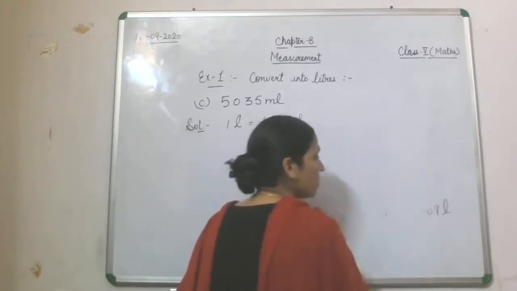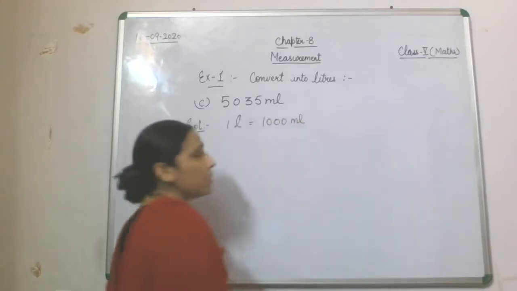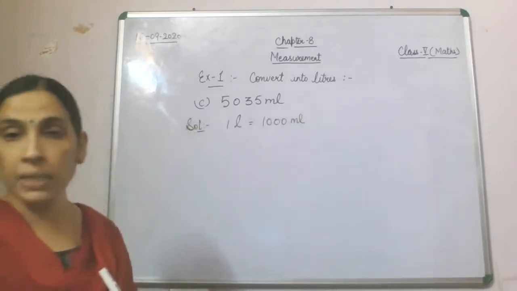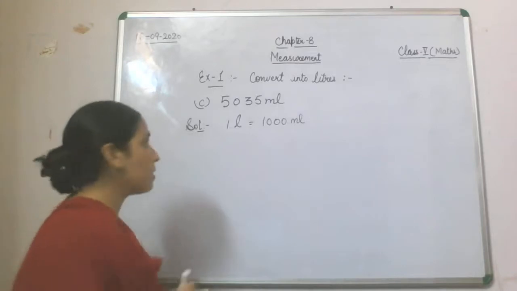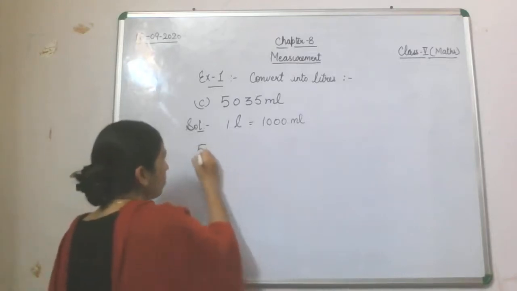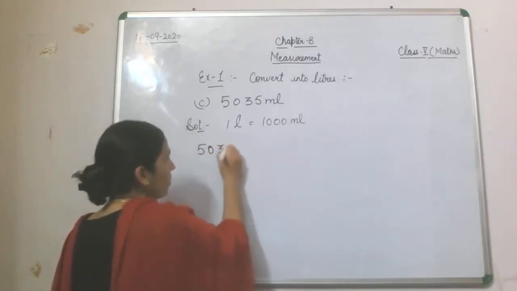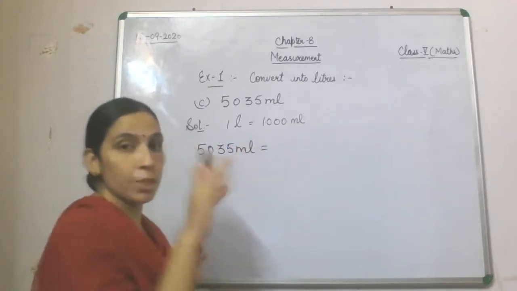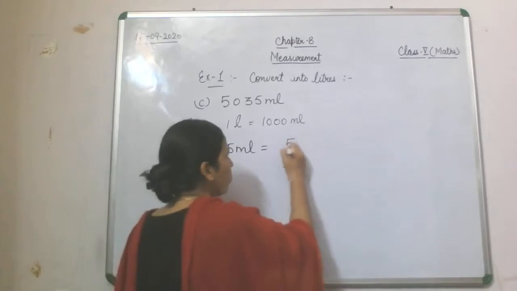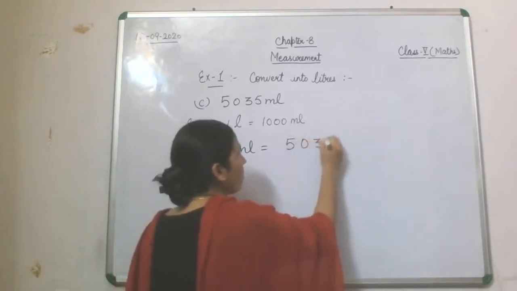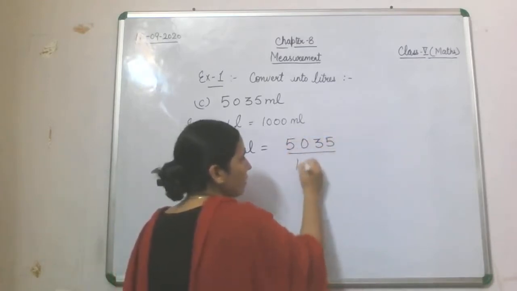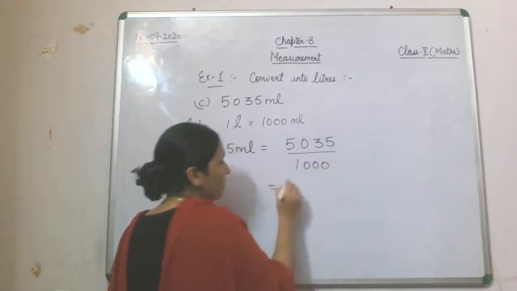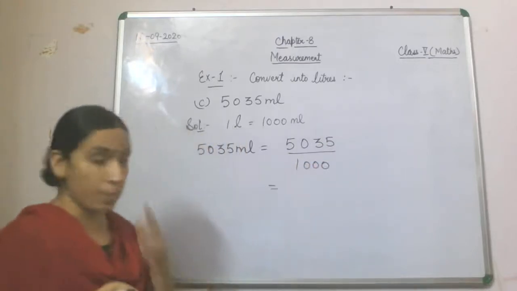Again this question is given in milliliter. Now the relation I know is 1 liter is equal to 1000 milliliter. And I also know that I am supposed to do division whenever I have to convert a smaller unit into a bigger unit. So what I will do, 5035 will be divided by 1000. Now how many decimal places do we require here? 3 decimal places.